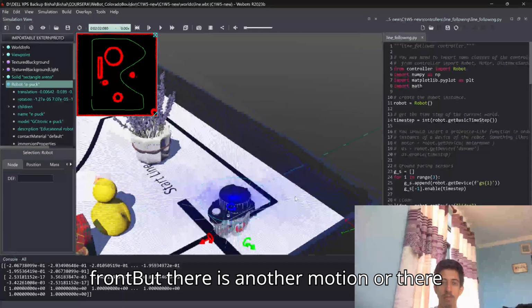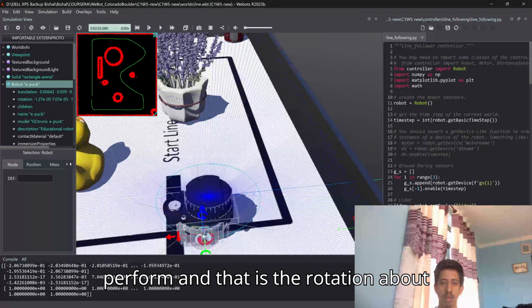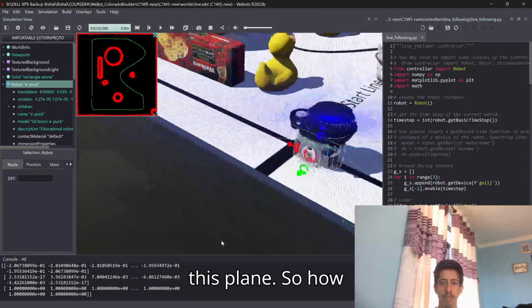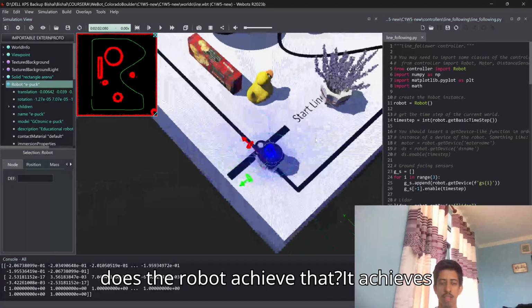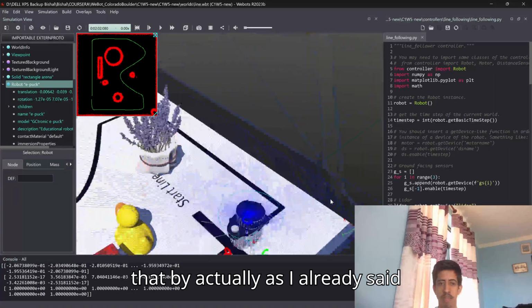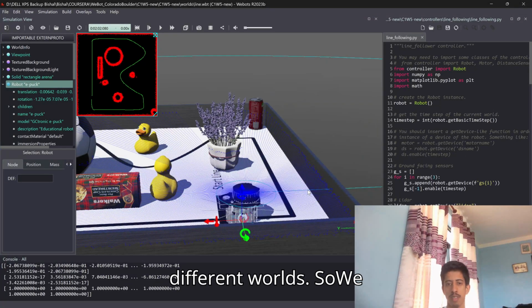But there is another motion that the robot can perform, and that is rotation about this blue z-axis. You can turn on this plane. How does the robot achieve that? As I already said, by having different speeds in different wheels.